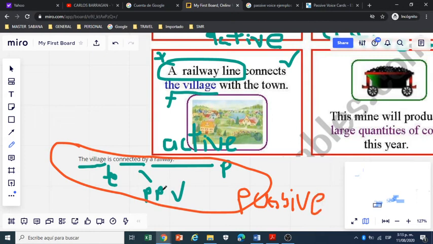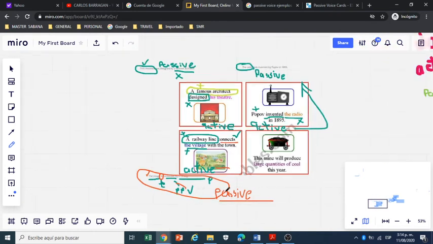Look at the difference between passive and active. Totally different. This is present, the verb to be is in present, then the past participle. The most important here is what is done, not the person who does the action. This is the difference between passive and active voice.